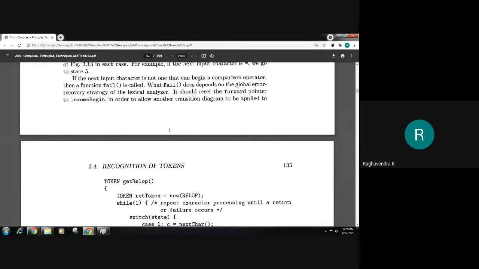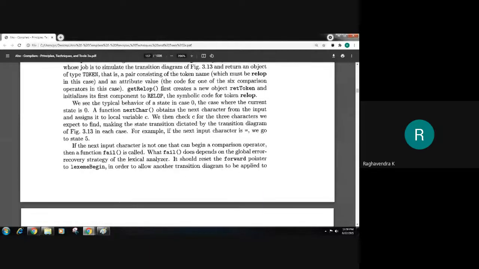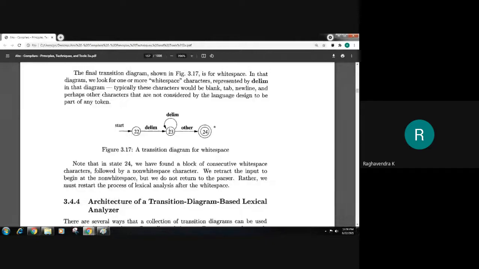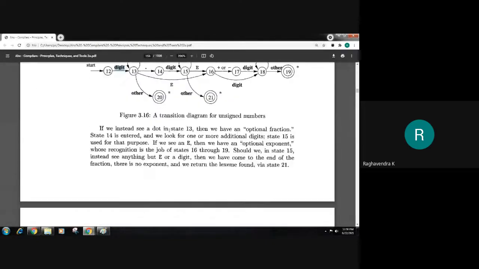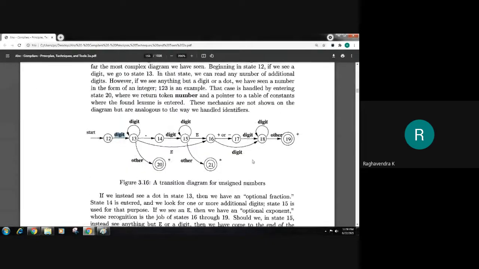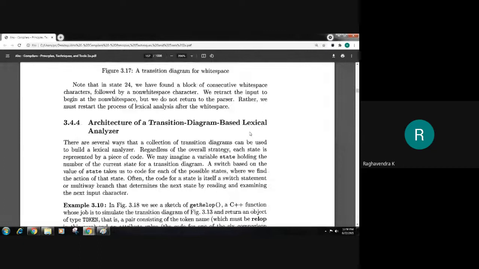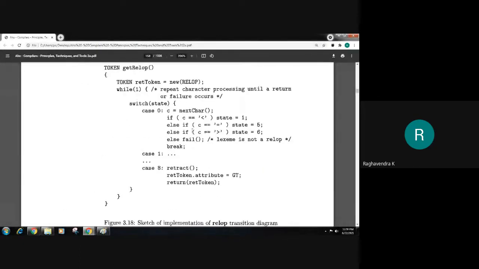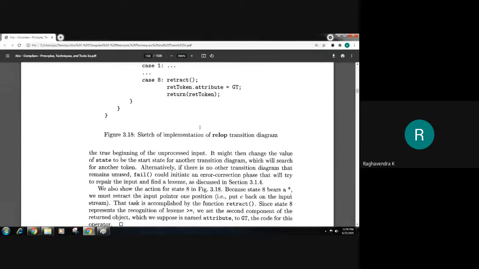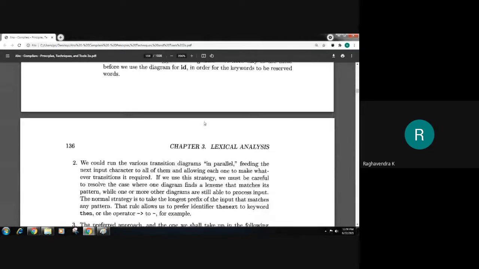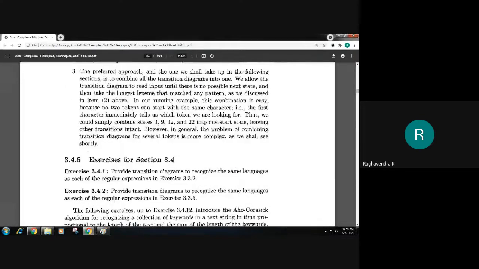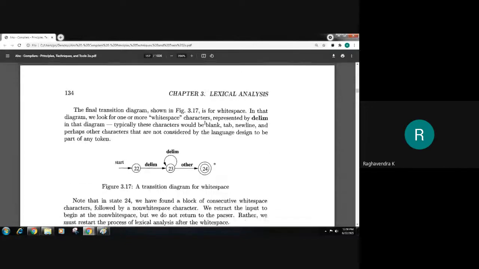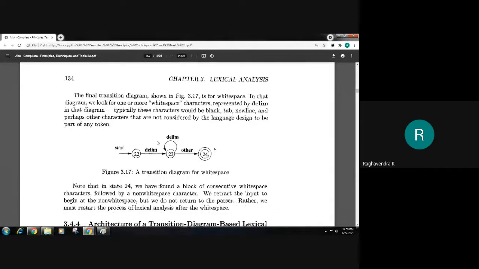We have to generate a code or a program that will translate this transition diagram into a program. That part is what is remaining. Of course, I will explain that in the next session, but the generation of transition diagrams is important.